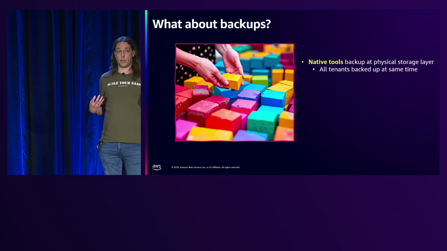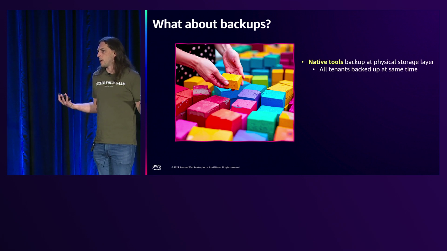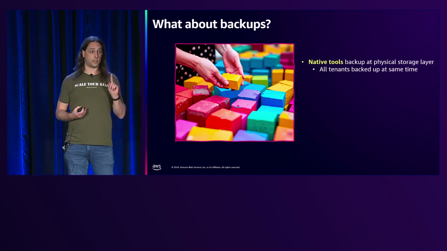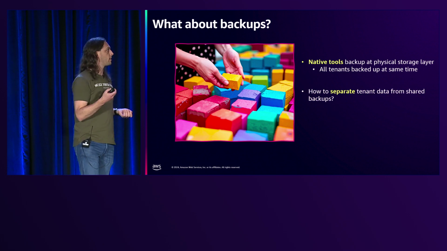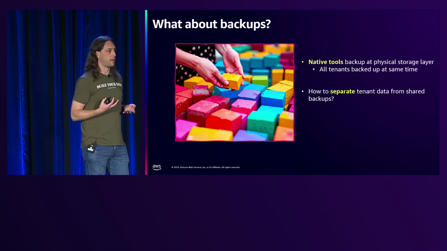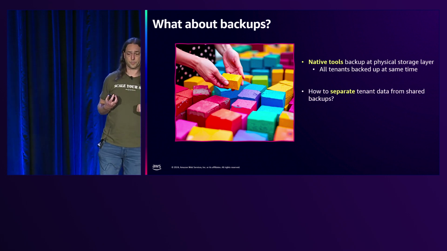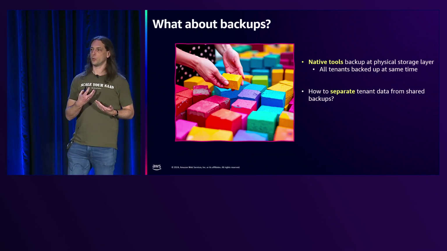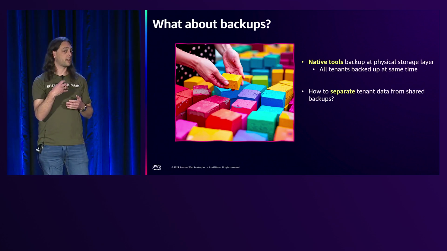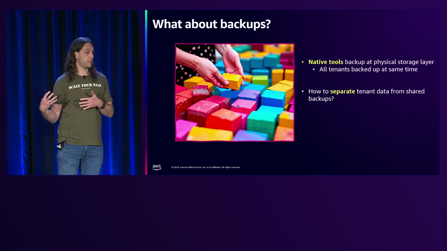Now, if that's what we're trying to do, that's okay. But what happens if we want to restore a single tenant? Well, now we need to introduce a mechanism to separate that tenant data out of that shared backup. And the challenge there is that our native tools may not work along the same lines as our tenant partitioning.